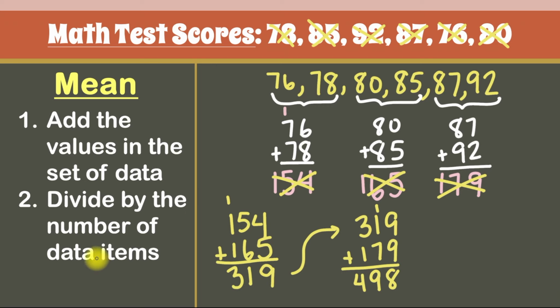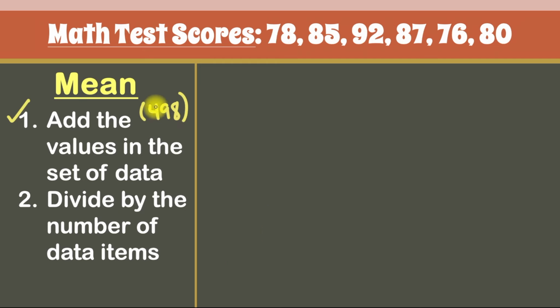But what exactly are we dividing? Well, we're dividing that sum that we found in step 1. Since we're out of space, I'm going to clear the board so that we can do step 2. Clearing the board in 3, 2, 1. So like I just said, we're done with step 1 and the sum was 498.